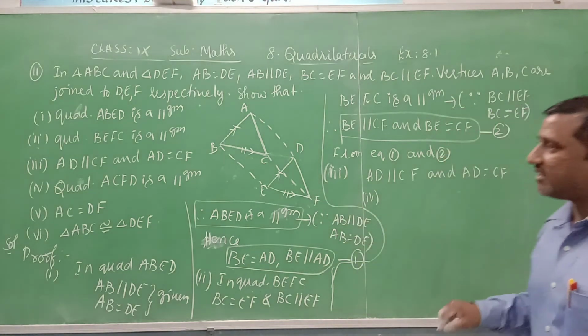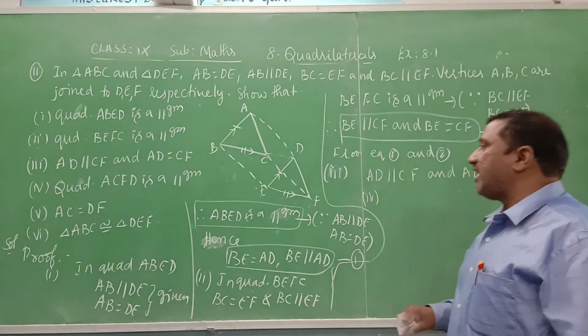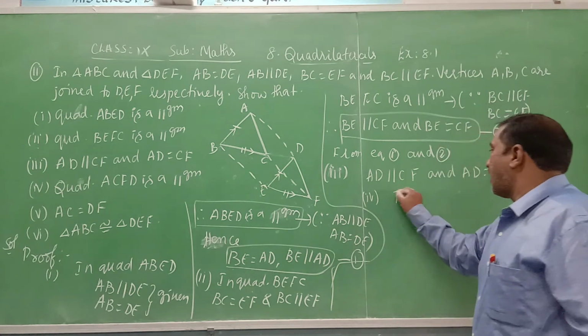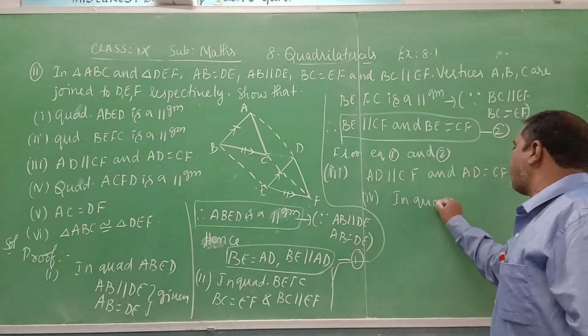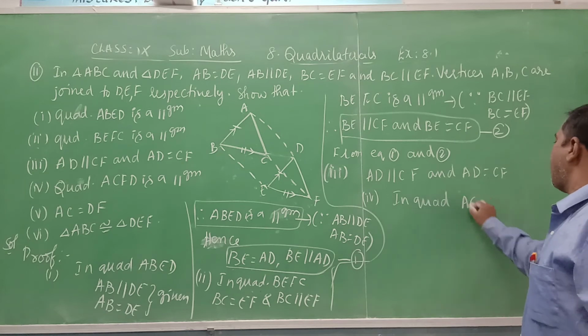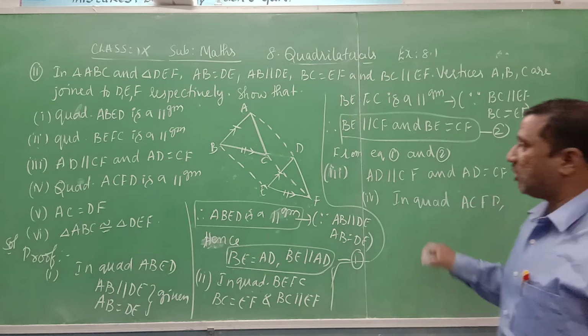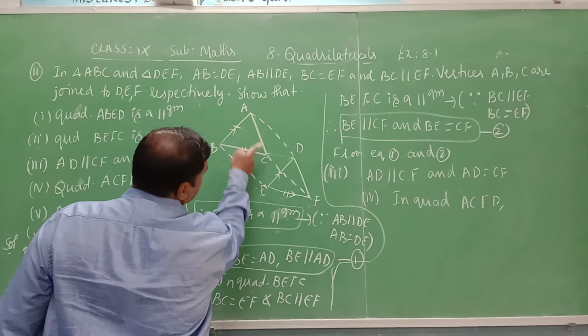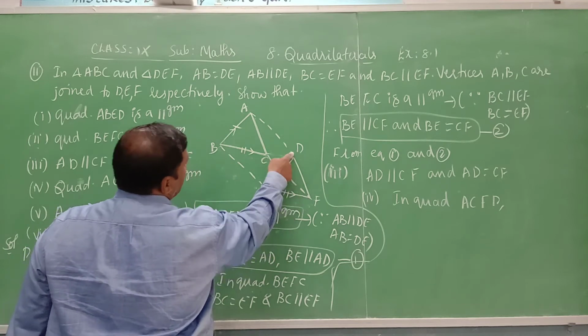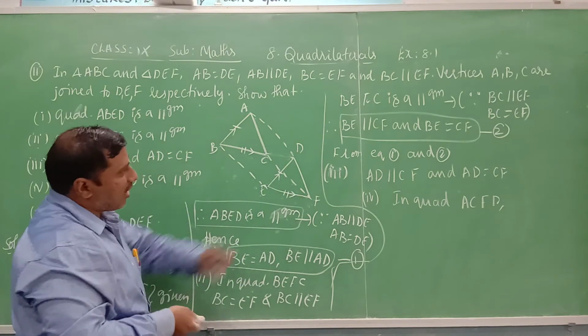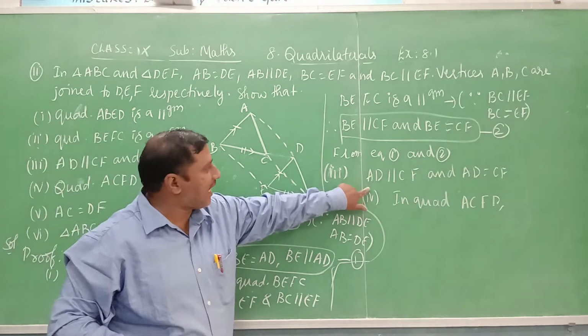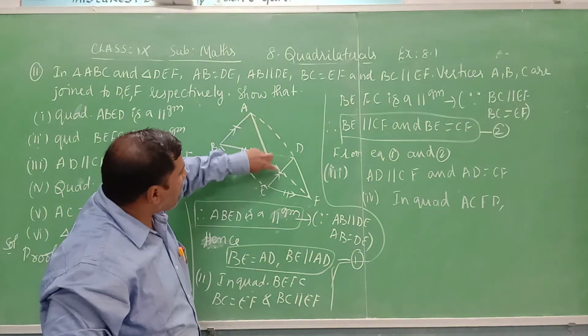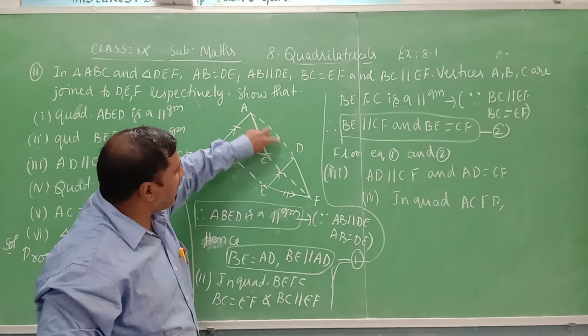What is the fourth one? Quadrilateral ACFD is a parallelogram. Now in quadrilateral ACFD, observe the figure. Just now we have proved in result 3 that AD is parallel to CF and AD is equal to CF.